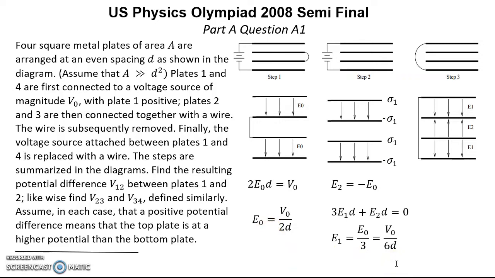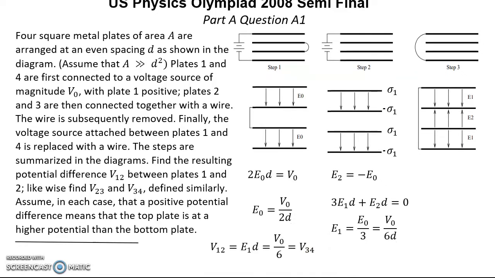And now we can immediately find the potential difference between the first and second plate. So we have V12 equal to V0 over 6, and due to symmetry it's the same as V34 between the third and fourth plates.